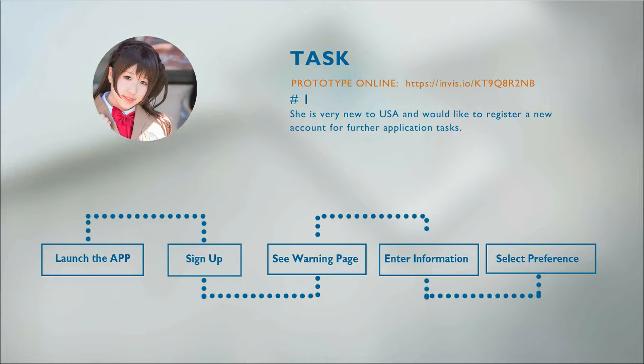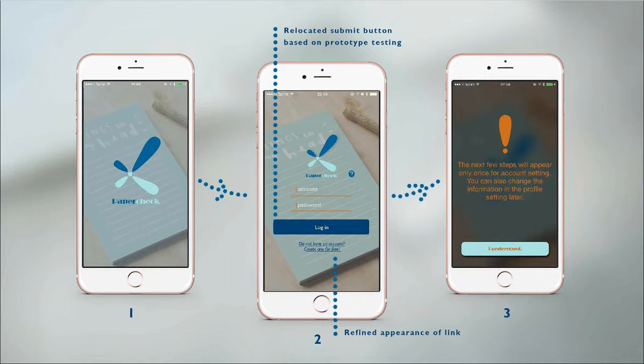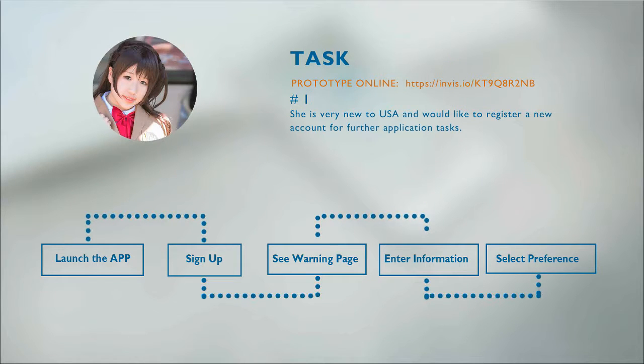So my first task is for my primary target audience. She is very new to the USA and would like to register a new account for further application tasks. First of all, I reloaded the app. By the way, you can check out the online prototype on Envision with the link above.